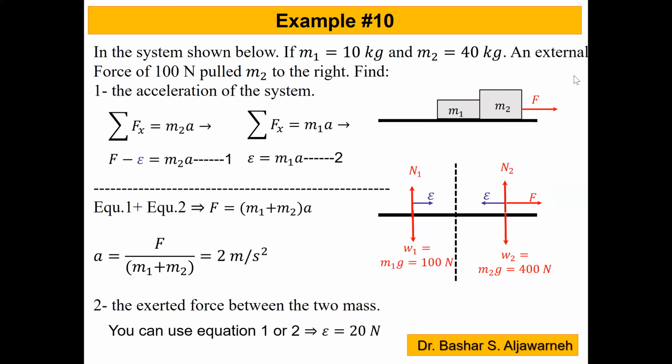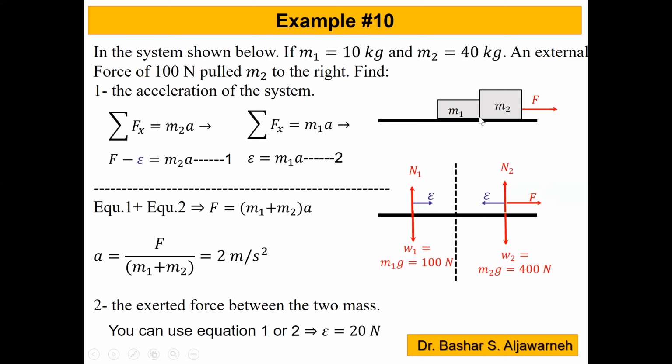Now let me draw two diagrams, one for m1 and one for the second mass m2. I have the force here acting directly on m2, and I have the normal force and then W2. For m1 we have only forces along the y-axis.